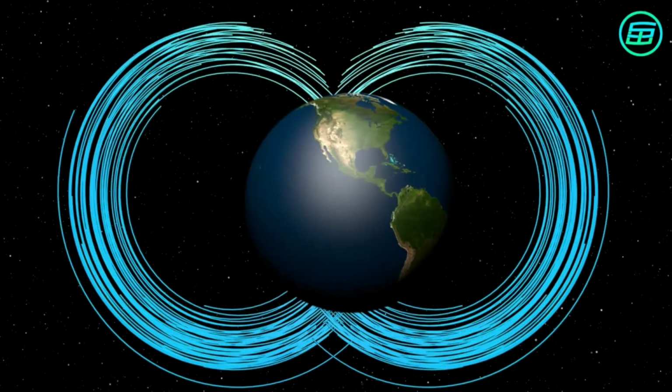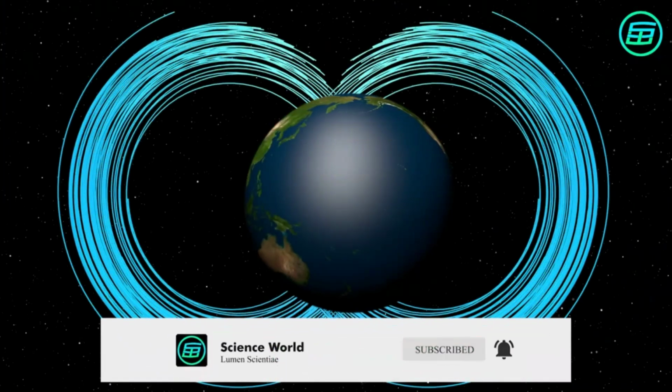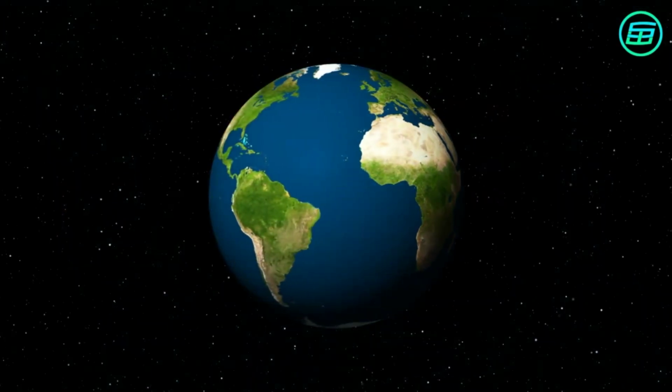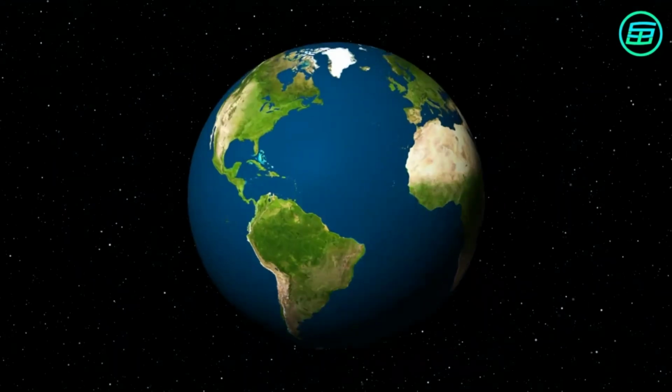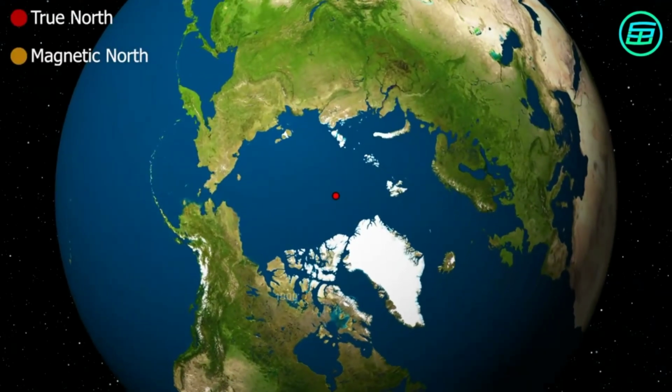Because Earth is like a giant magnet, compasses point toward the magnetic poles. These poles are not in fixed positions. Today, magnetic north is located near the geographic North Pole. In 1900, though, it was located on Canadian soil, and today it's moving towards Siberia in Russia.